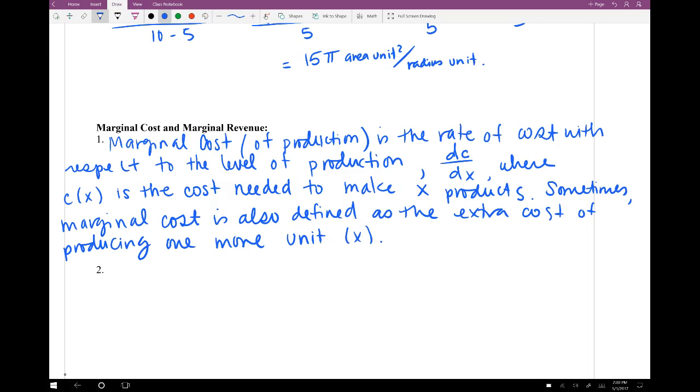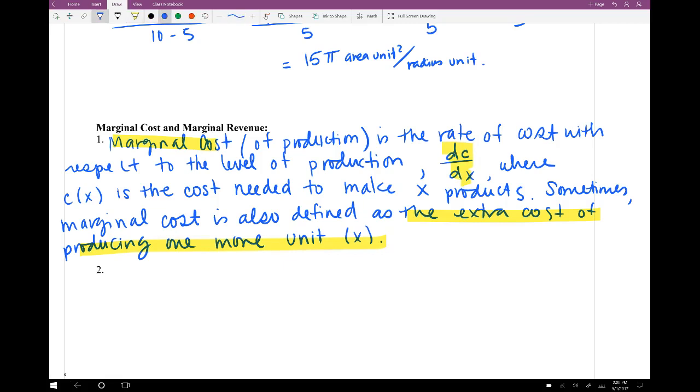So marginal cost is pretty much C prime, assuming C is the cost function. And a lot of times in calculus, marginal cost is the cost of producing one extra, okay? The extra cost of producing one more unit, or dc over dx, all right?